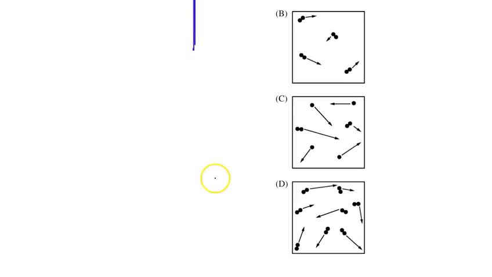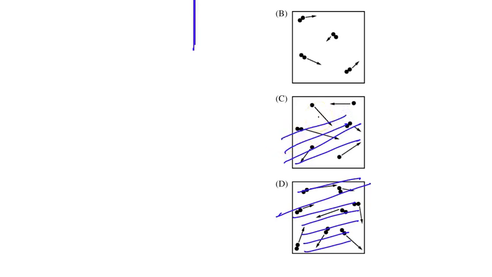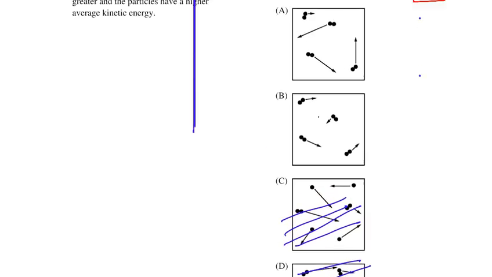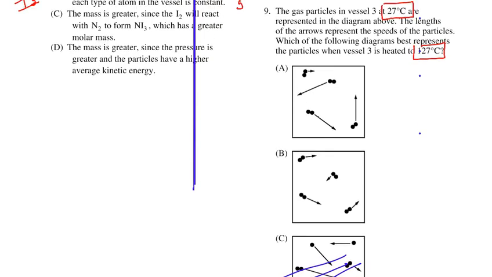Also I'm going to get rid of letter C because we're showing some chemical changes here, and there's no indication of any chemical changes. This is breaking stuff apart, so I'm going to get rid of C. And B, all I'm doing in B is, if you notice, that's kind of close to what we have already.